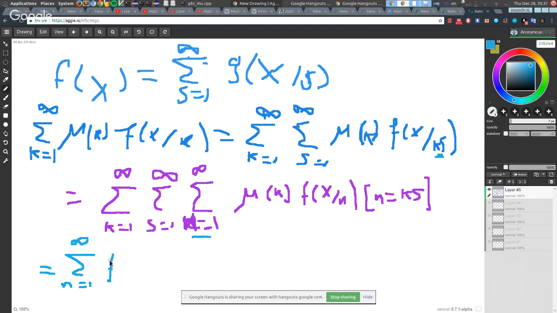We can also take g of x over n out, because it doesn't depend on k or s anymore. Here we can see that s and k both have to divide n. Since k and s are integers, and n is also an integer, instead of going through all numbers up to infinity, we can just go through the divisors of n.